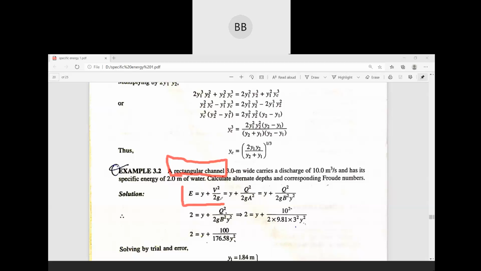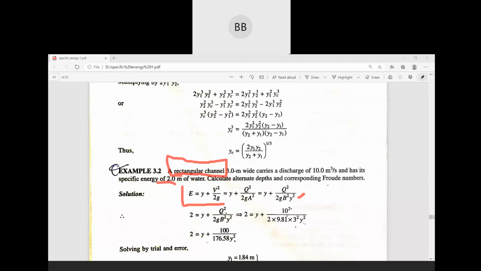So we all know that the energy is given as 2 meter in the question, so in place of energy we have substituted 2. So y plus q square divided by twice g, b square multiplied by y square.